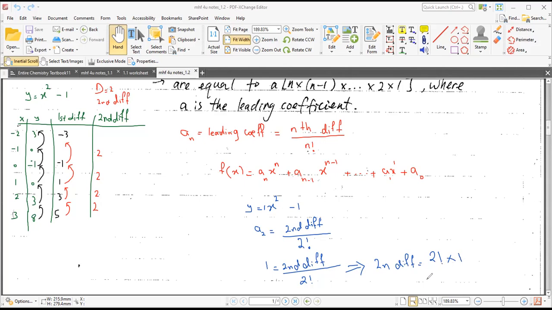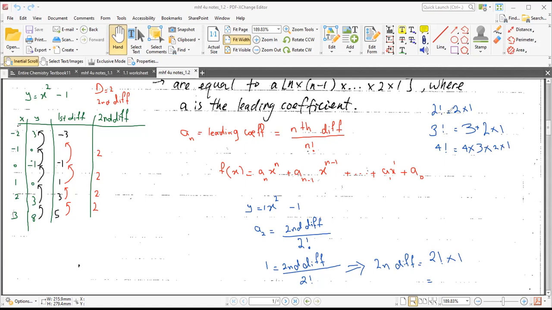Just making notes here: 2 factorial is 2 multiplied by 1. 3 factorial is 3 multiplied by 2 multiplied by 1. 4 factorial is 4 multiplied by 3 multiplied by 2 multiplied by 1.